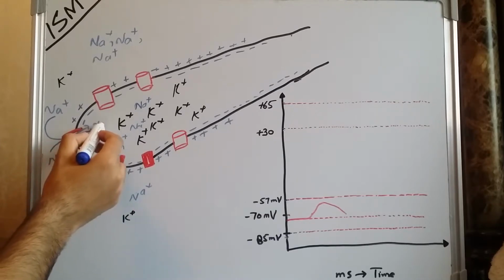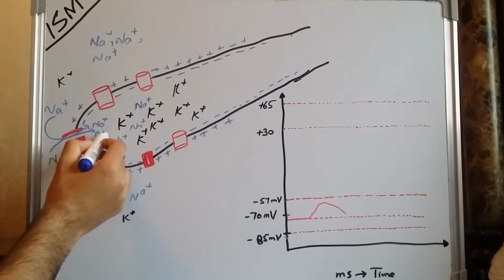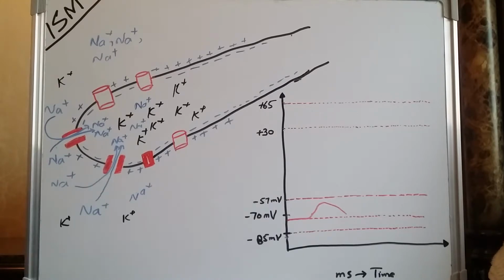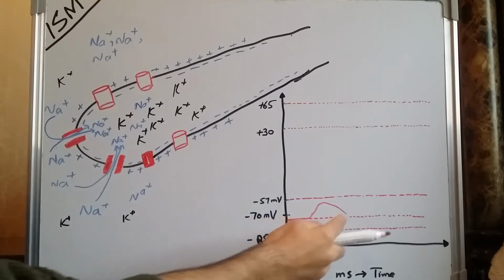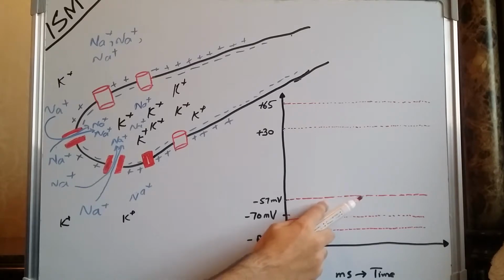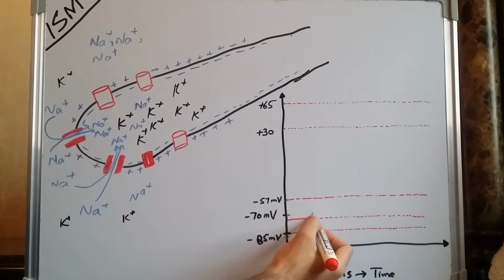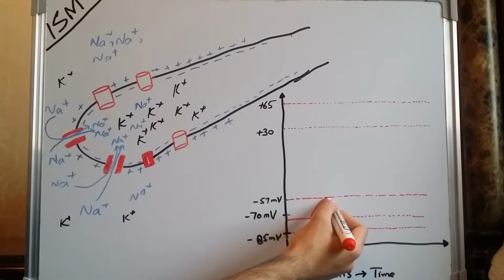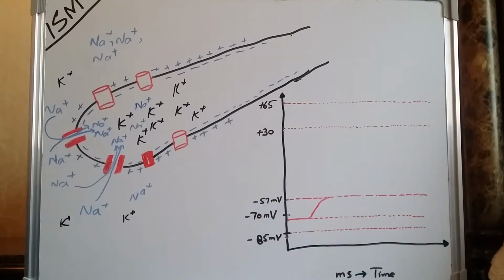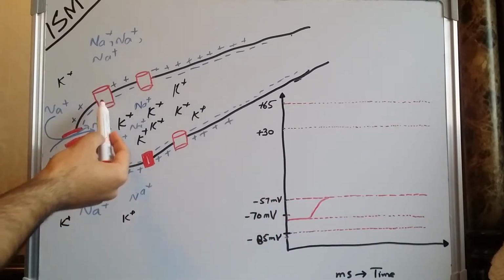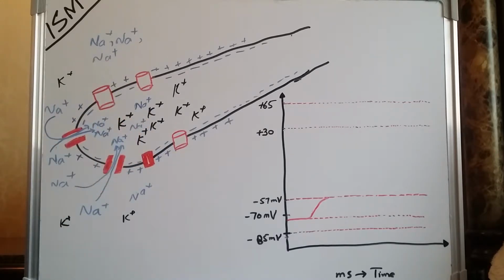So more and more sodium moves inside, and the graph starts to move toward the threshold. Suppose it reaches the threshold. Whenever it reaches the threshold, these gates, which are also sodium gates but electrically stimulated, sensitive to a specific electrical potential, will open up. So these are the voltage-gated sodium channels.